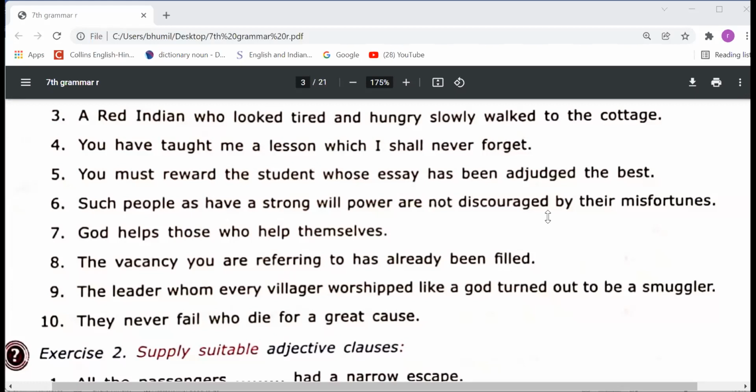Sargun, again try. You are very close to the answer. The vacancy you are referring to has already been filled. The vacancy that you were telling me about has already been filled.